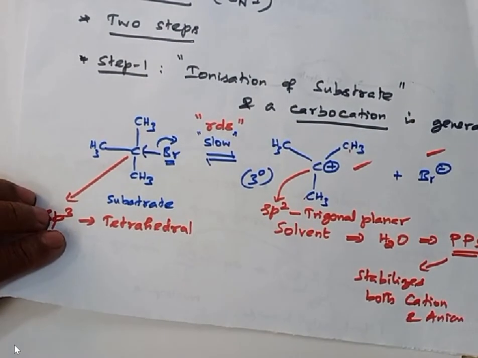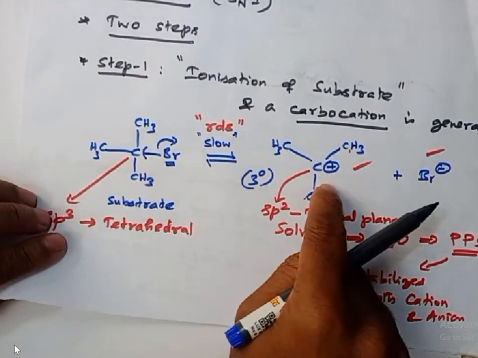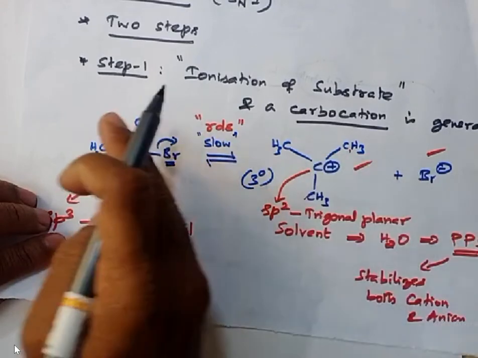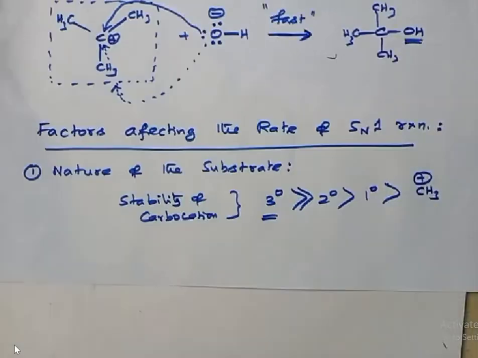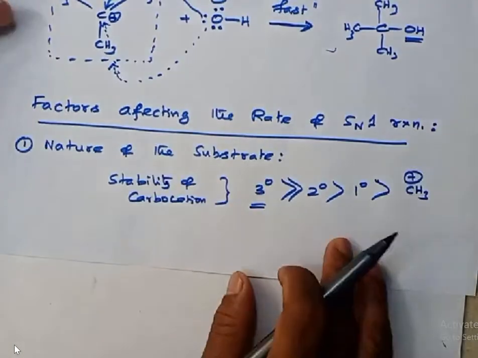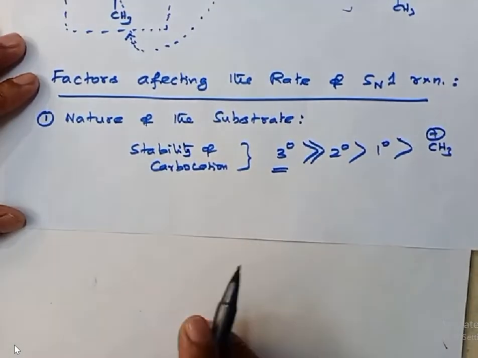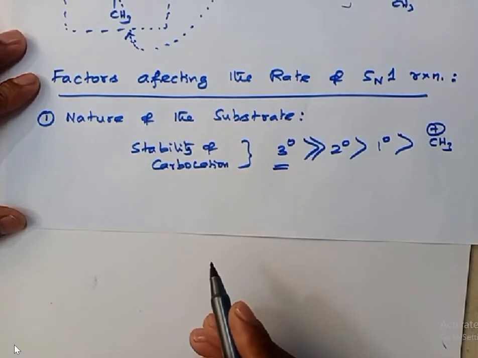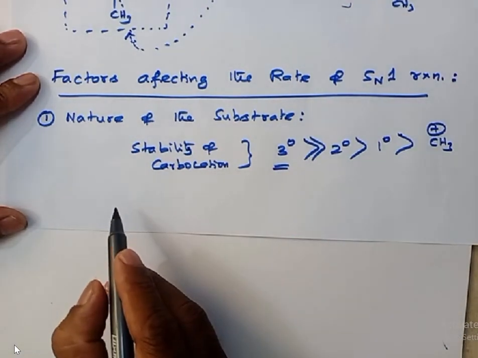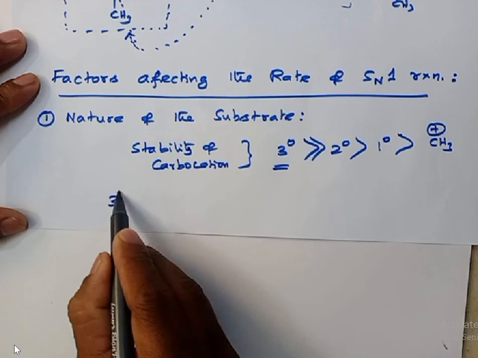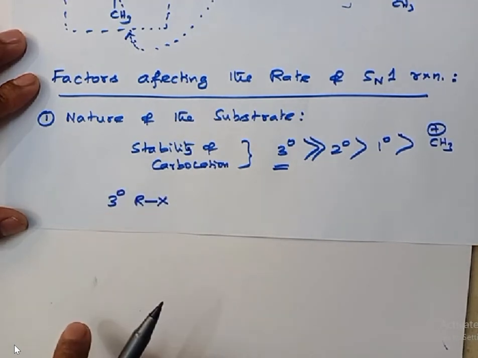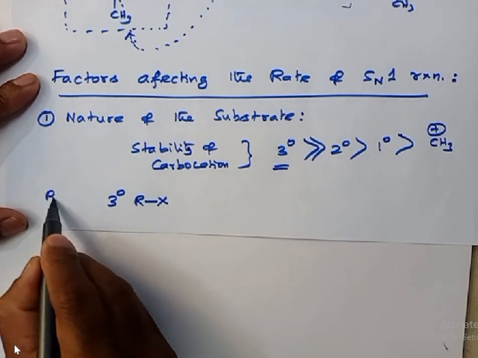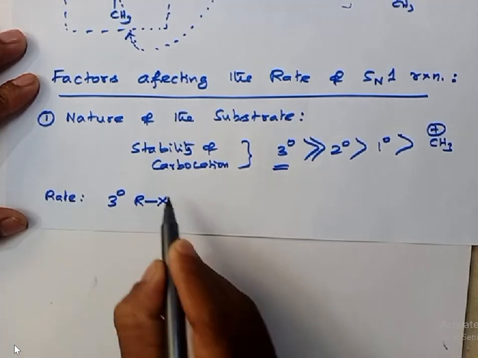Simple. A substrate which can produce a very stable carbocation undergoes Sn1 reaction fast. Okay, so using this idea, if you compare different halides, let me write here simply 3 degree RX, which means tertiary halides. Tertiary halides undergo Sn1 reaction in a fast manner.